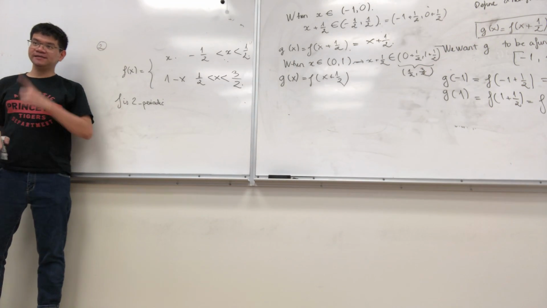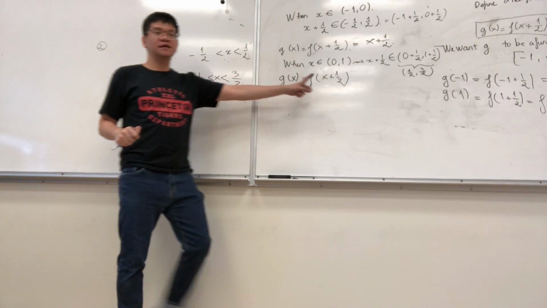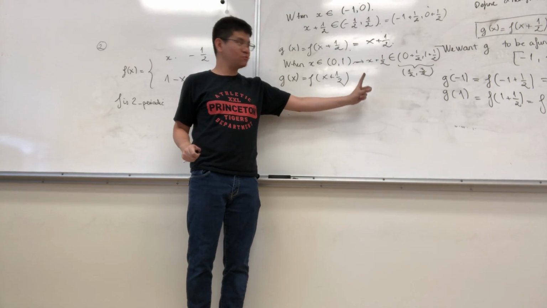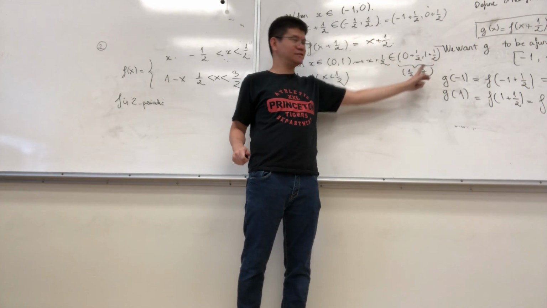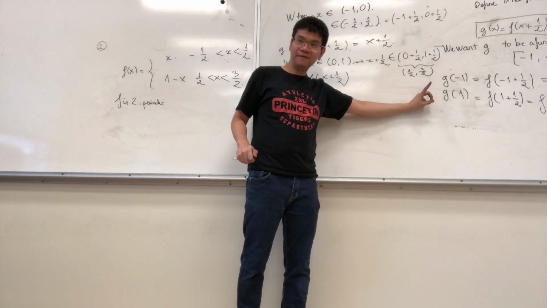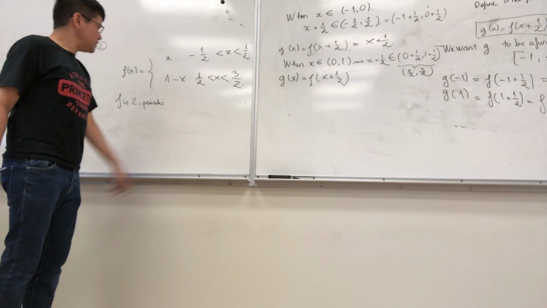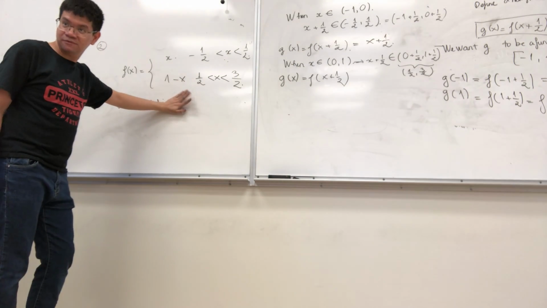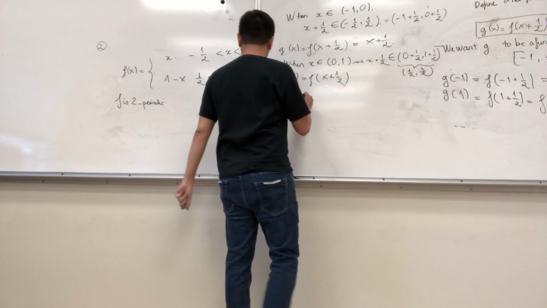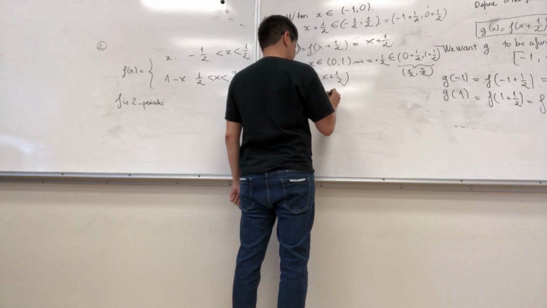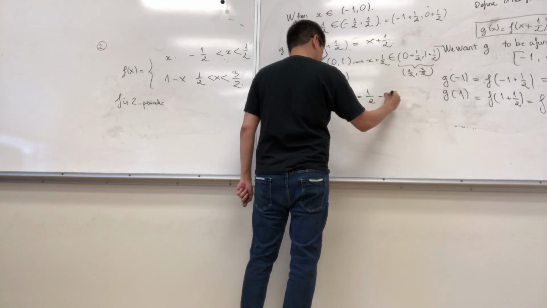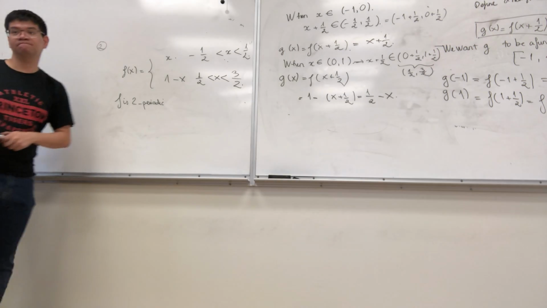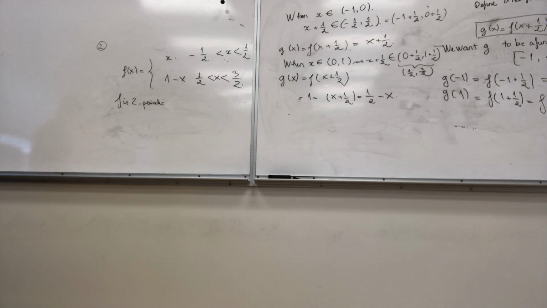When x is from 0 to 1, x plus 1/2 is from 0 plus 1/2 to 1 plus 1/2, and this is 1/2 to 3/2. Which means that I can use the second formula, which is 1 minus (x plus 1/2), and this is 1/2 minus x. It's good. Questions?